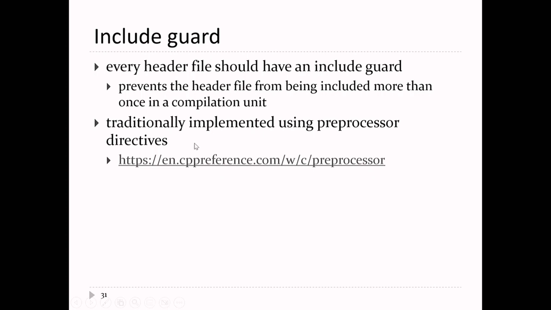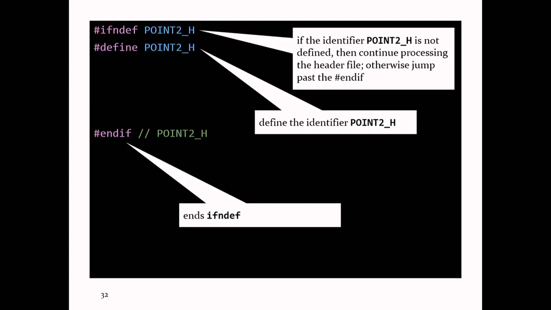Traditionally, the way that you implement this is as follows. You use what's called a preprocessor directive. You've seen include. Now the next preprocessor directive that we're going to use is ifndef. ifndef means if not defined. So .2h is just a name.